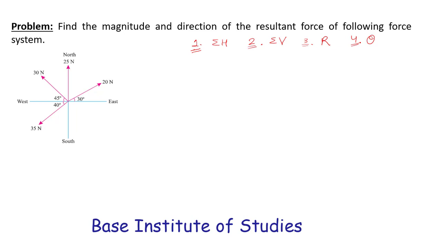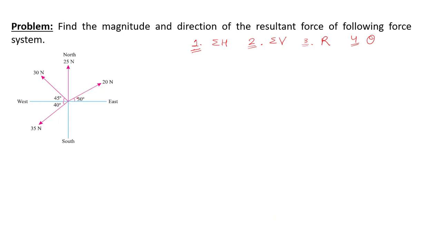So first of all, let's resolve all the forces into their two components, vertical and horizontal. For this 20 Newton force, which is making an angle 30 degree with the horizontal, this will be 20 cos 30 degree, and this will be 20 sin 30 degree.